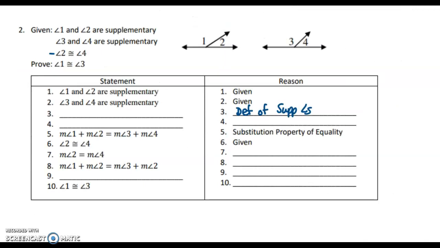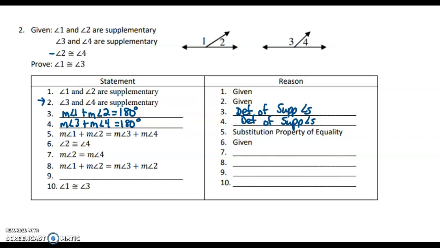So if on line 1, angle 1 and angle 2 are supplementary, then I can say the measure of angle 1 plus the measure of angle 2 equals 180. The same with line 2. If 3 and 4 are supplementary, then the measure of angle 3 plus the measure of angle 4 equals 180. And that's using the definition of supplementary angles just twice.